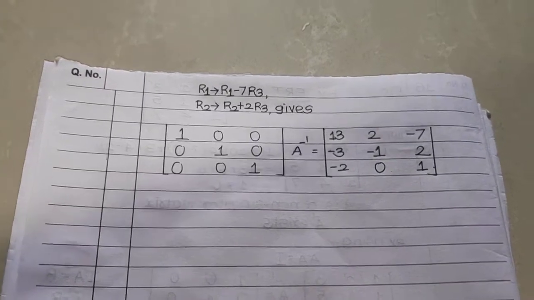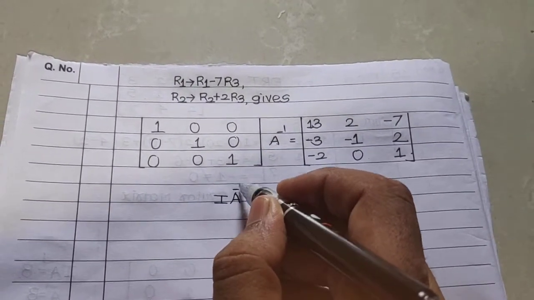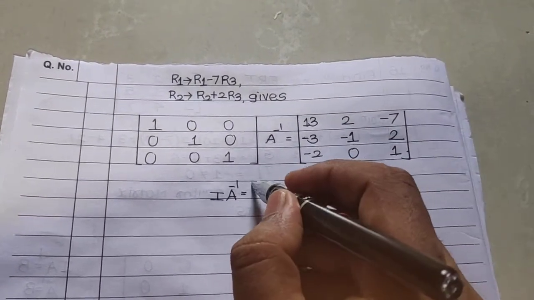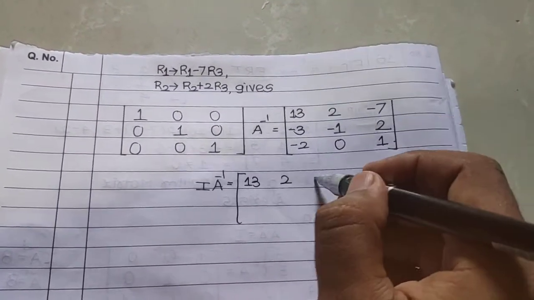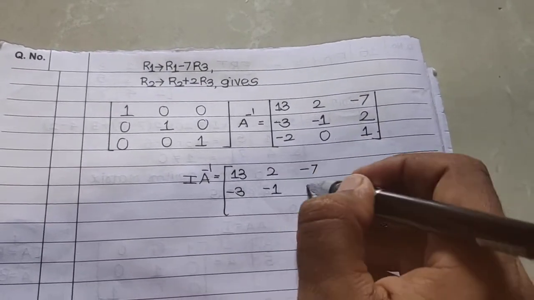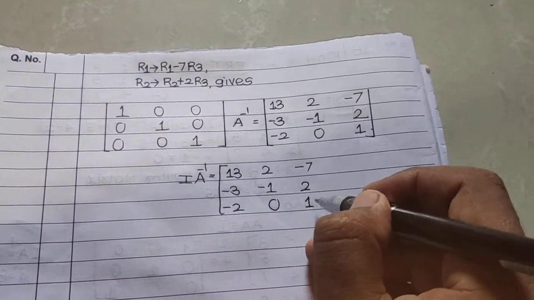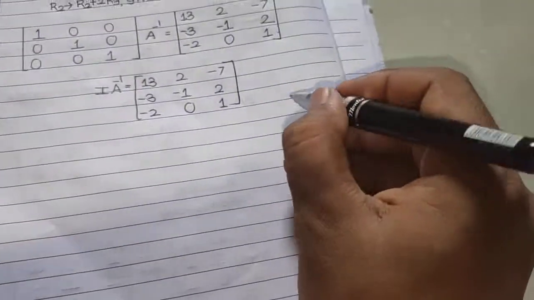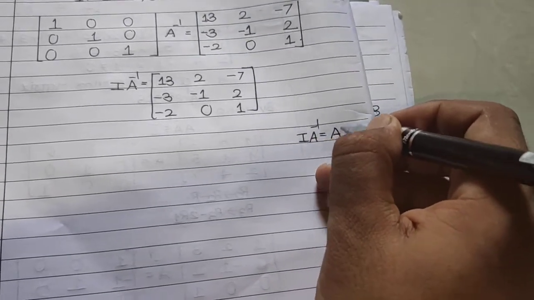Now this is what the identity matrix on my left hand side, which I can write as I. This is 13 2 minus 7, minus 3 minus 1 2, minus 2 0 and 1. Now identity matrix into A inverse is equal to A inverse.